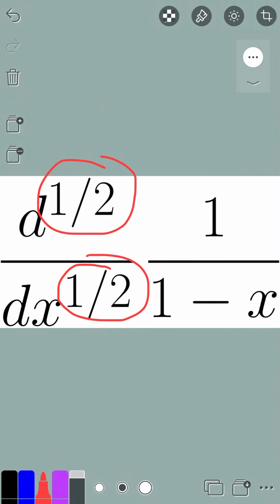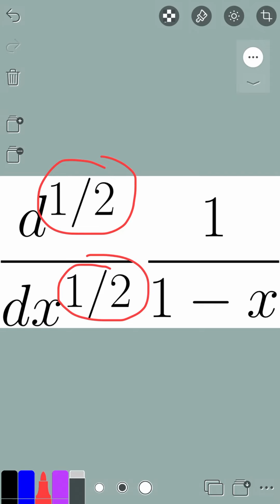Normally you would see the first derivative, second derivative, or third derivative, etc. But there's also the 1/2 derivative, pi-th derivative, 3/4 derivative, or 7/6 derivative, something like that.